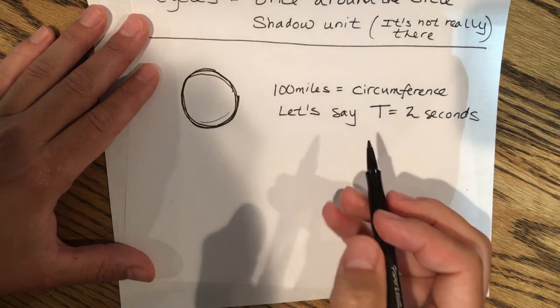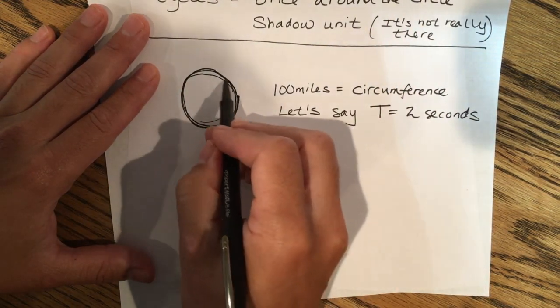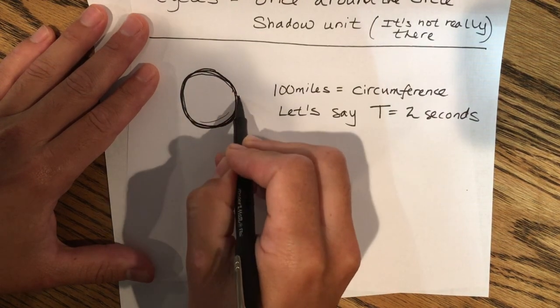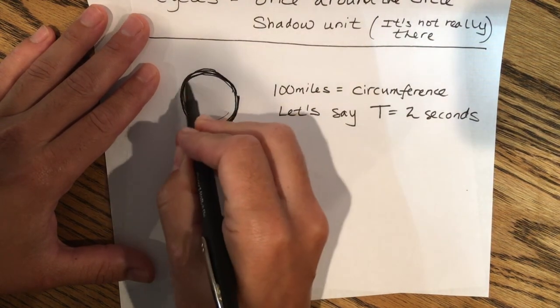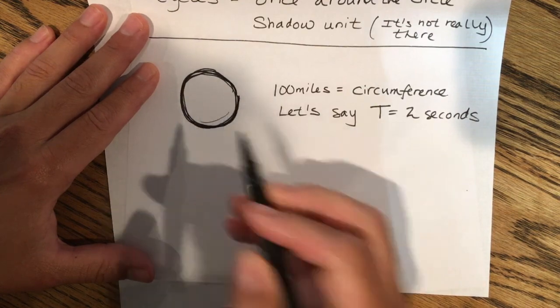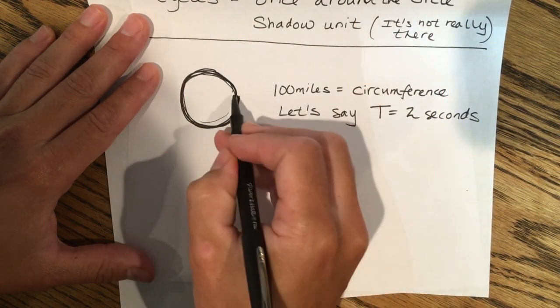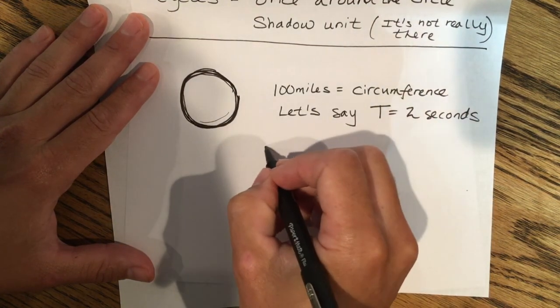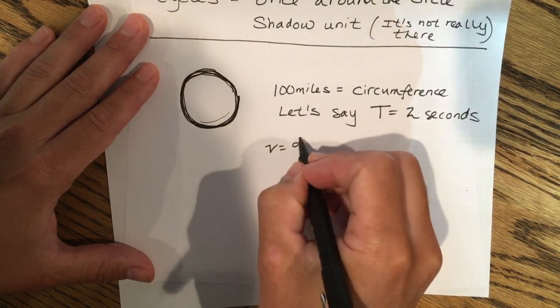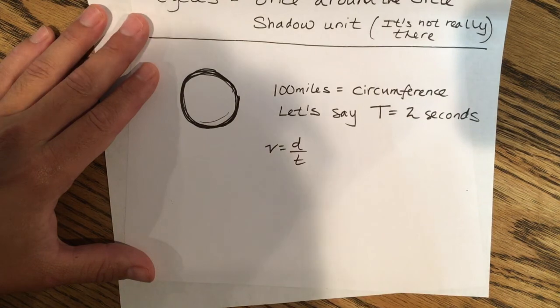Okay, so if we know that this distance is 100 miles, and we know the time it took, 1 1,000, 2 1,000, to go 100 miles, you can kind of see where this is going, right? We have a distance and we have a time, so we have a velocity.